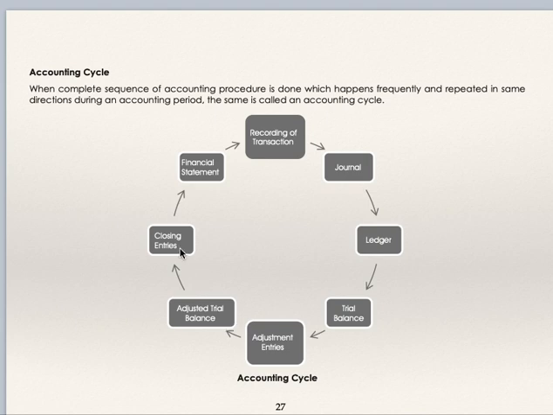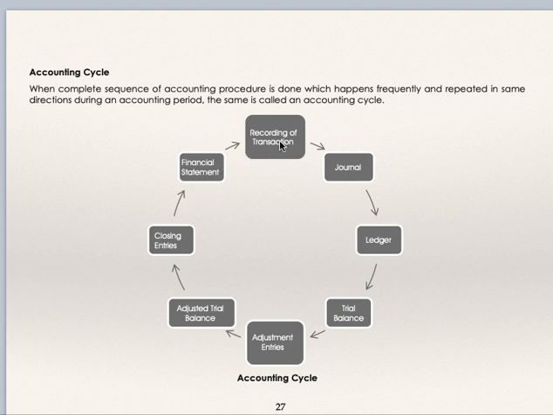Then closing journal entries are passed. At the end of the year, nominal accounts, that is, accounts of income, expenditure, losses and gains, are closed by transferring them to the profit and loss account. These are known as closing entries. Once closing entries are passed, financial statements are prepared: profit and loss account and balance sheet.